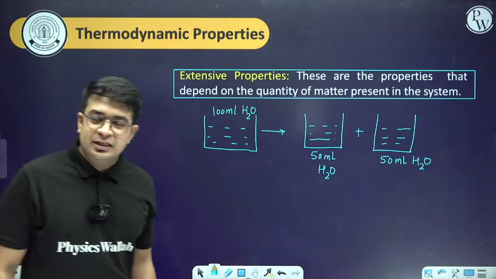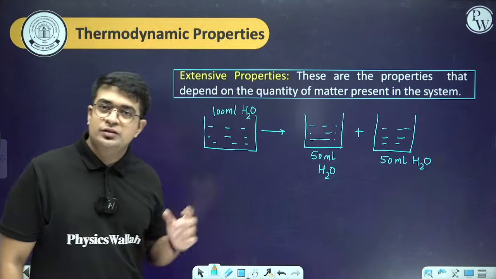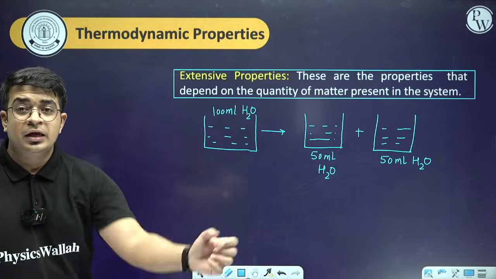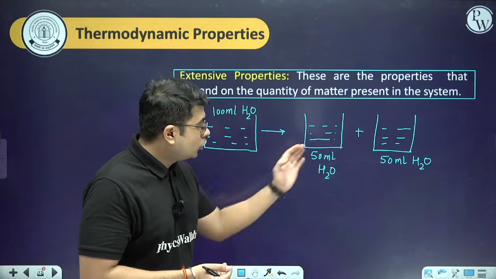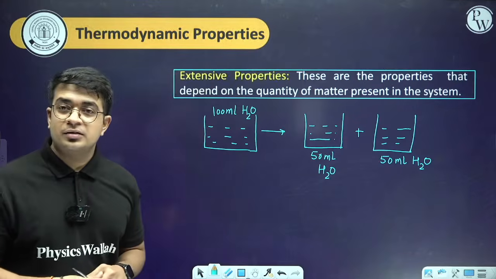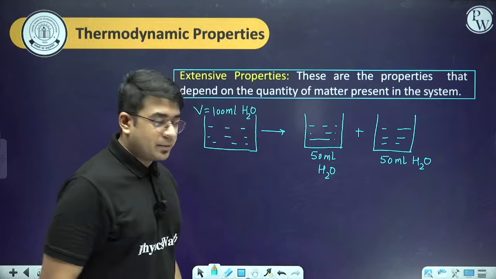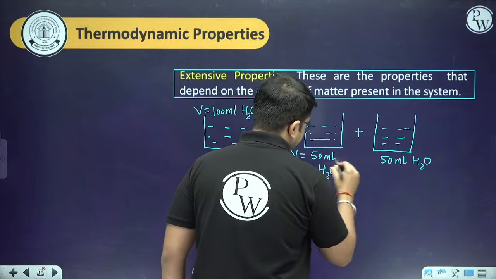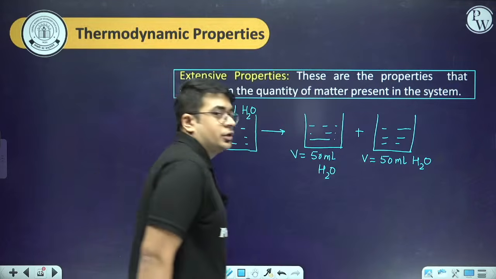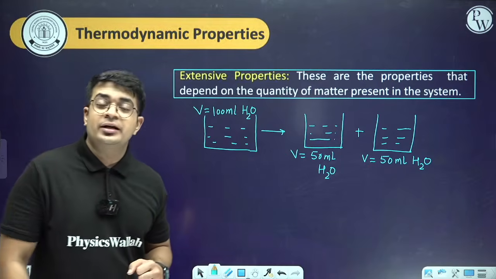Initially I started with 100 ml of water, which corresponds to the volume. After bifurcating, the volume divides into two equal parts. The initial volume was 100 ml, but now it is bifurcated into 50 ml each. So basically it depends upon the quantity I have taken.